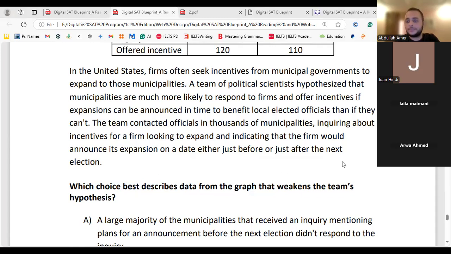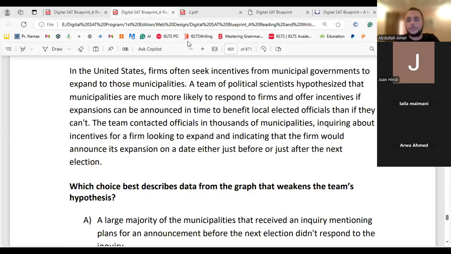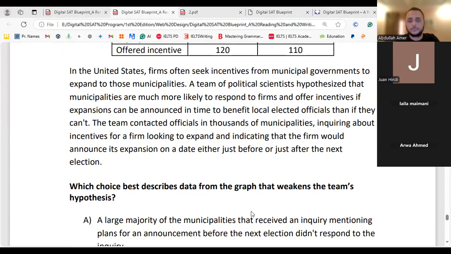Yes? I was trying to raise my hand, but I don't know how. Okay, there's an option. So you think it's a challenging question? What's the most challenging part here? I'm not really good with graphs and stuff, so it's kind of confusing for me.